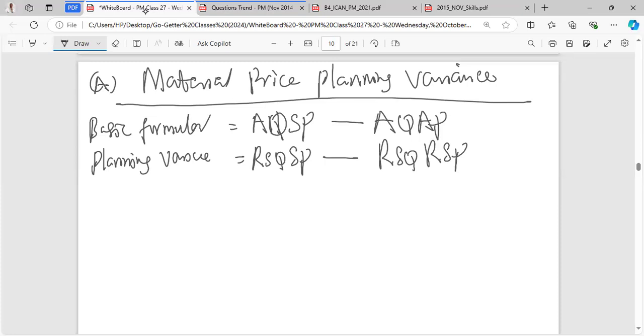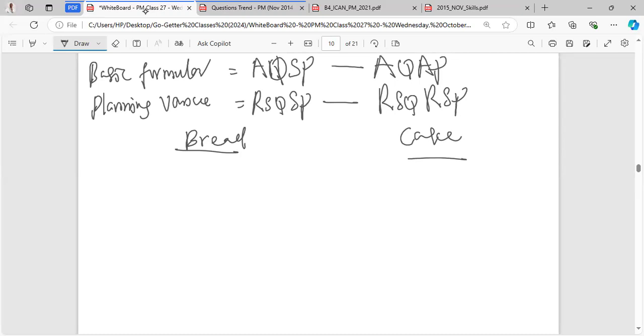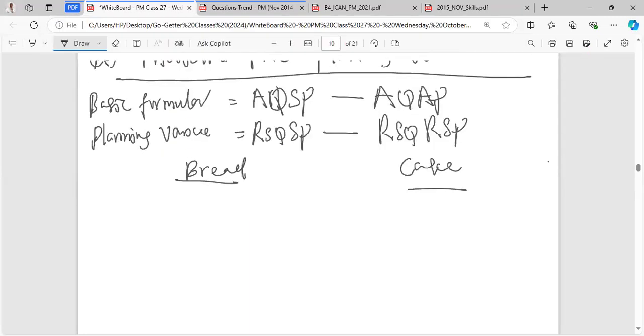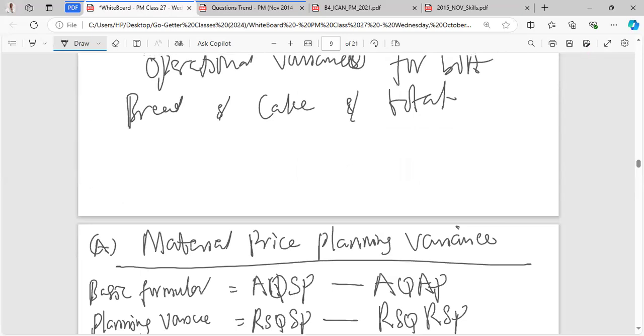So we'll be doing that for cake and for bread. So we can now say here, this could be bread and this can be cake. So what was the revised standard quantity? We need to scroll up.